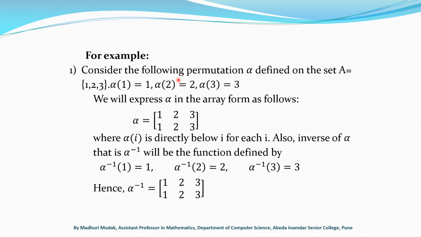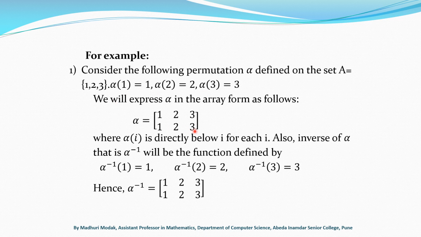So the function is 1-1. At the same time, the codomain contains 1, 2, 3. So 1 has pre-image 1, 2 has pre-image 2 and 3 has pre-image 3. So every element in codomain has pre-image, that means it is onto. So this is a 1-1 onto function defined from A = {1, 2, 3} to itself. So this is a permutation.